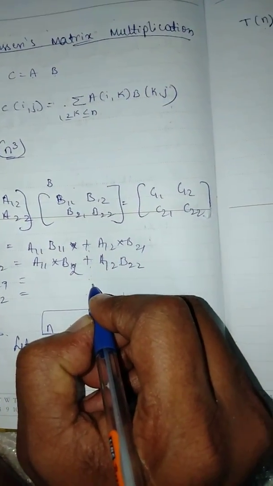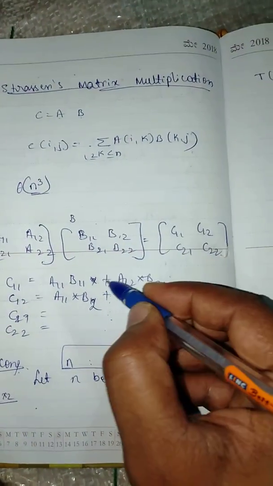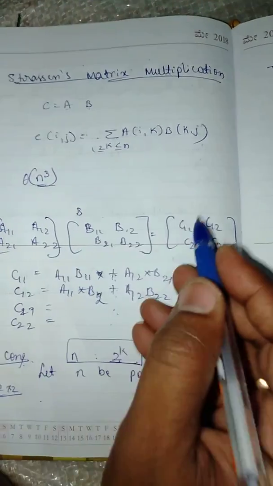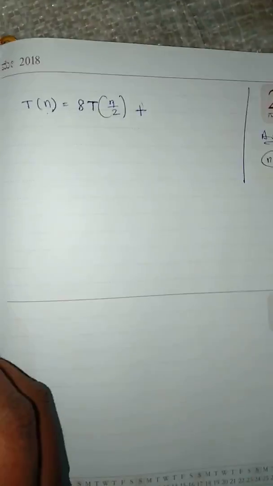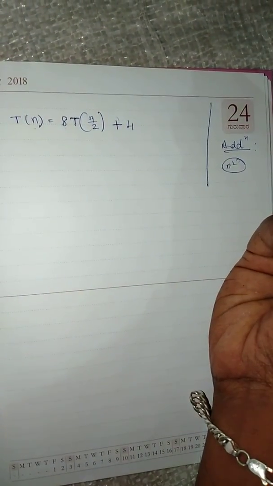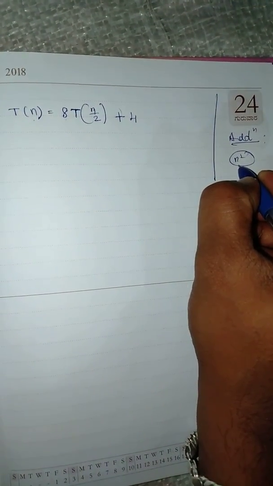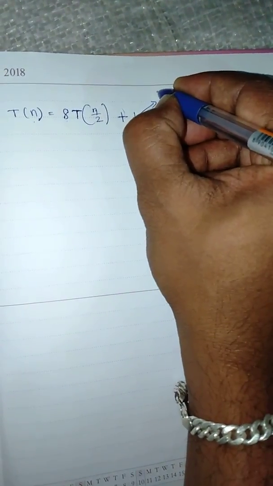In this case, we have 4 additions that are happening, and if you take larger order matrices, then the number of additions also increases. So I will directly write the order of growth for matrix addition, that is n square, and instead of 4 I replace this with some constant.